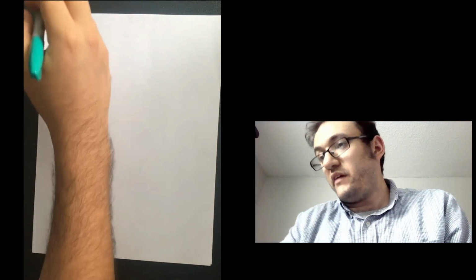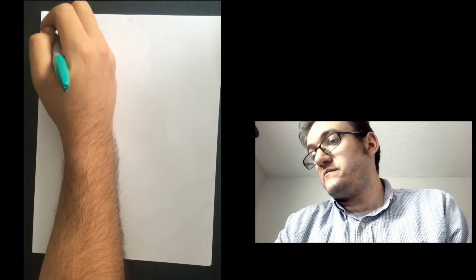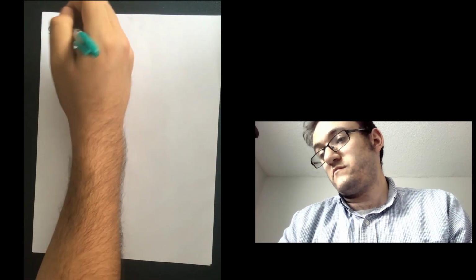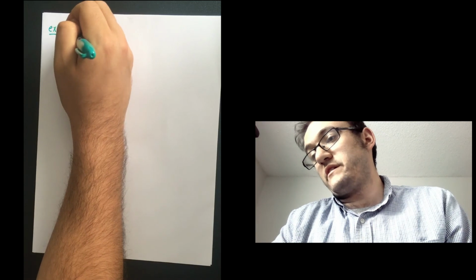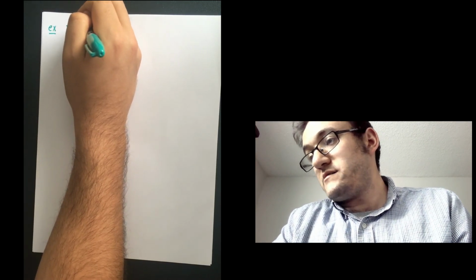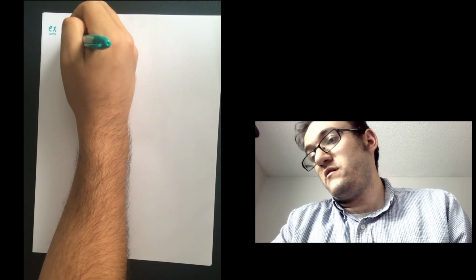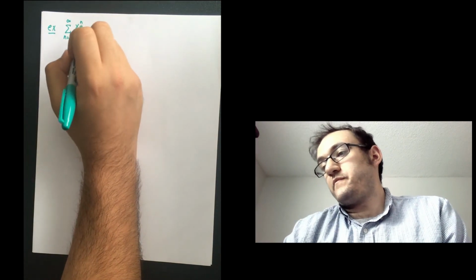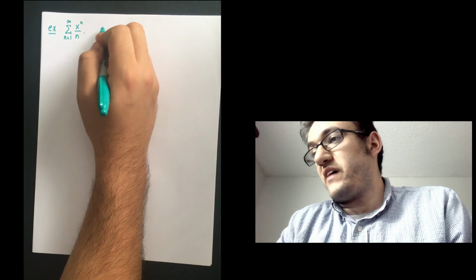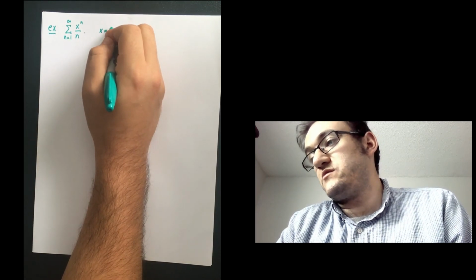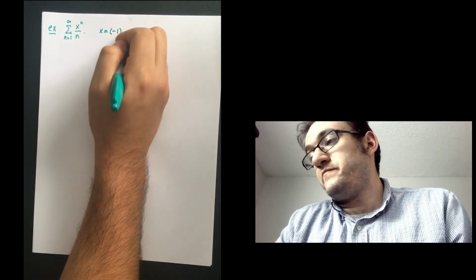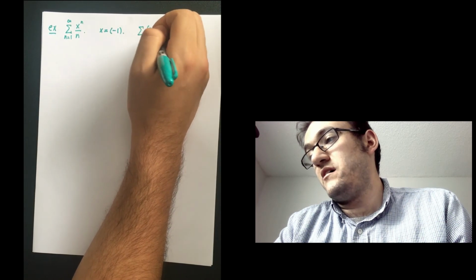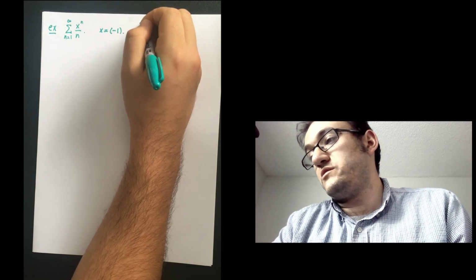For example, if I were to take the power series x to the n over n, where n goes from 1 to infinity, this can be thought of as a function of x that, for instance, when x equals -1, is the sum of (-1) to the n over n, where n equals 1 to infinity.